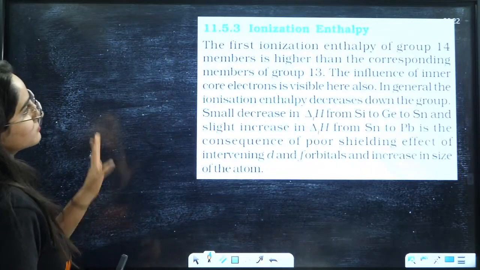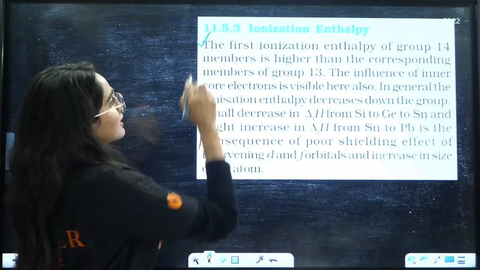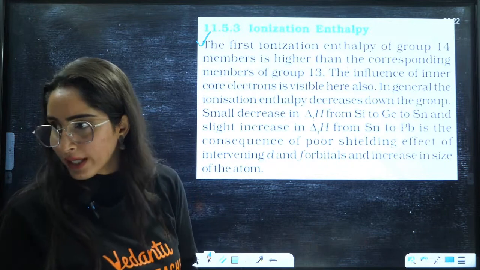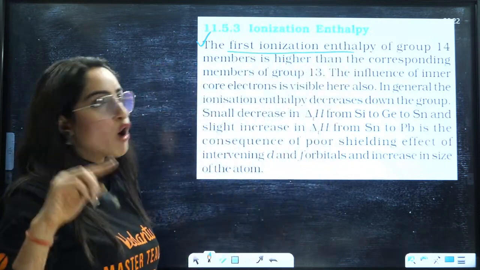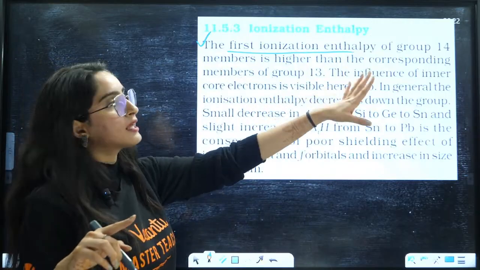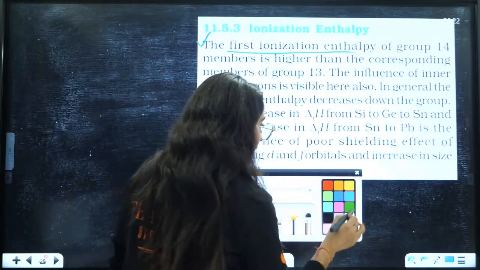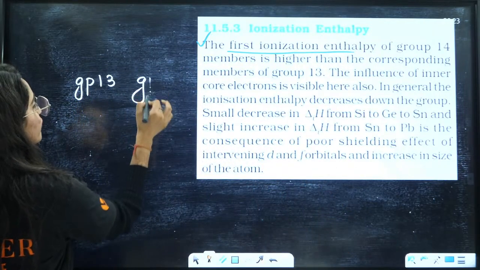Okay. Then there is ionization enthalpy. First ionization enthalpy of group 14 members is higher than the corresponding member of group number 13. Firstly, there is a comparison, right? Here you have group 13, here you have group 14.